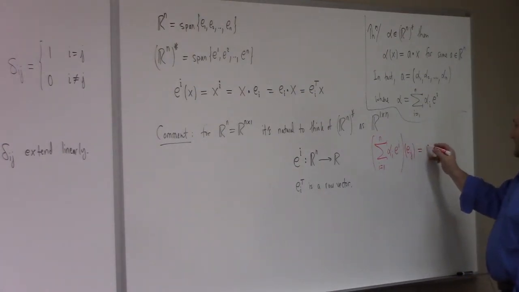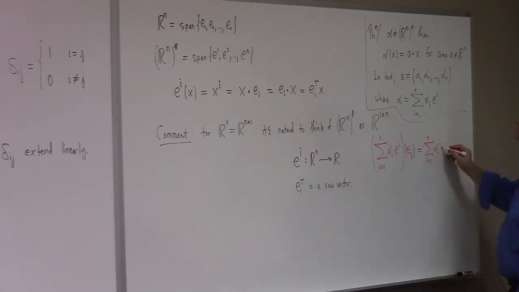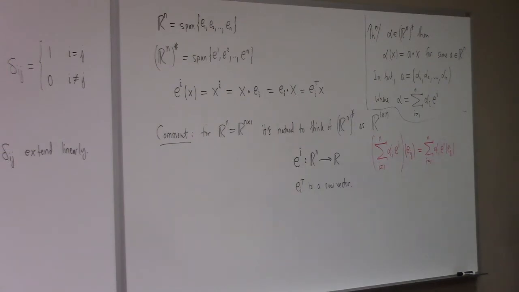This is going to be the sum, i equals 1 to n, of alpha i, e upper i acting on e lower j. This is just how we add together linear maps and evaluate them, pointwise evaluation. It's almost the same stupid calculation again. Kronecker delta ij, so we get alpha sub j.